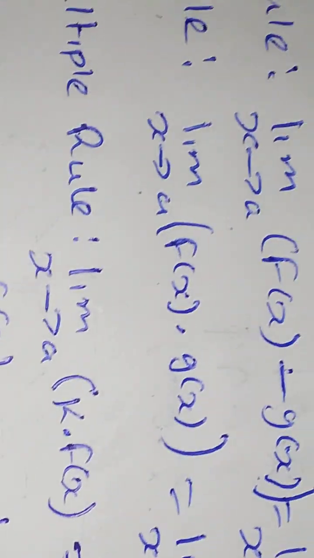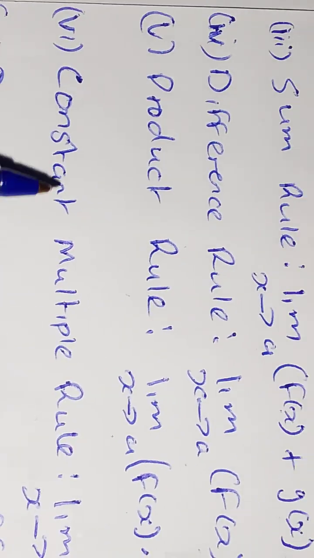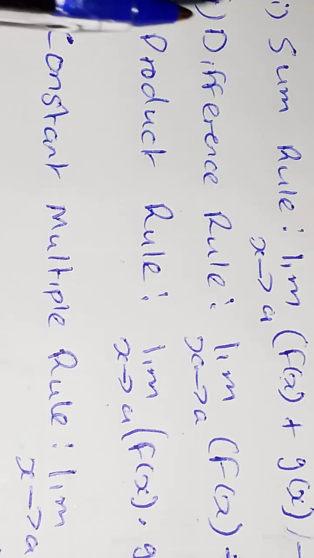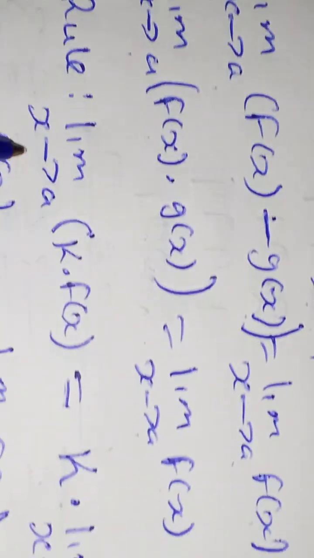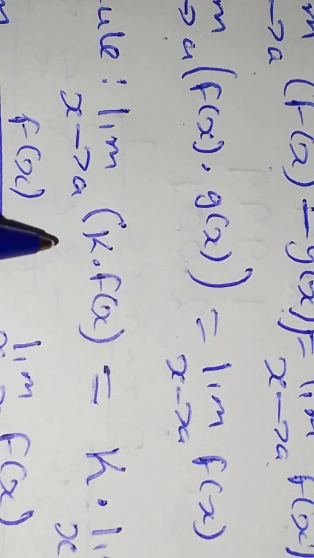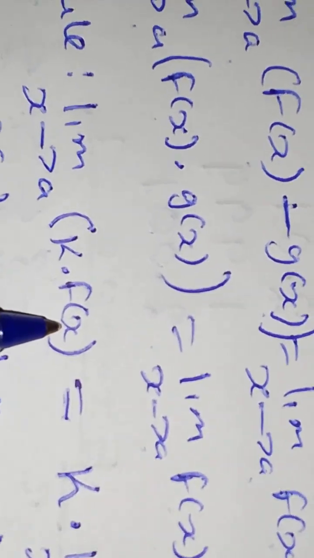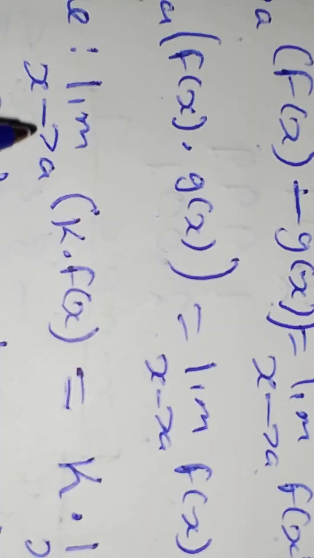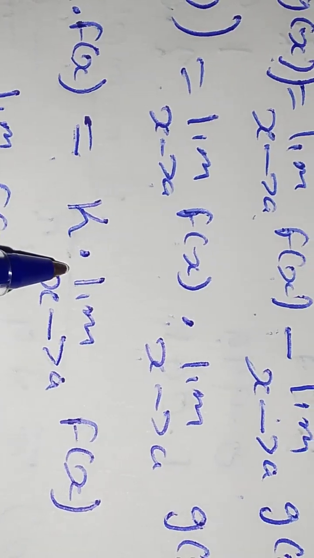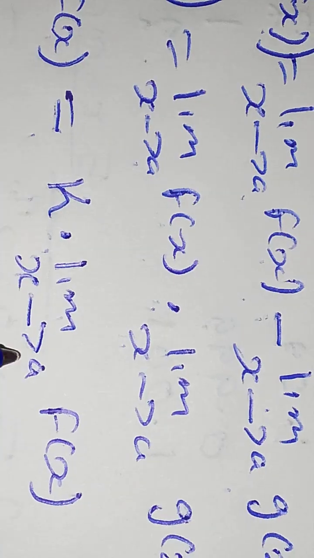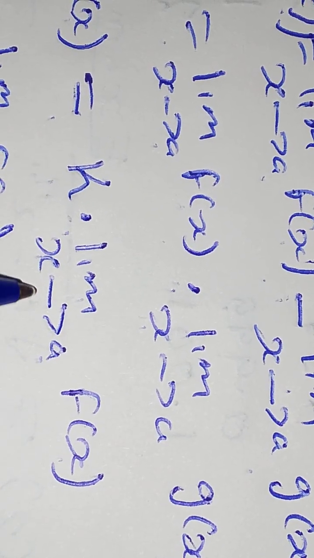Then let's go to the constant multiple rule. The constant multiple rule is the combination of the constant rule and the product rule. So suppose you have the limit as x approaches a of a constant multiplied by f of x. This will be the same as the constant multiplied by the limit of f of x as x approaches a.